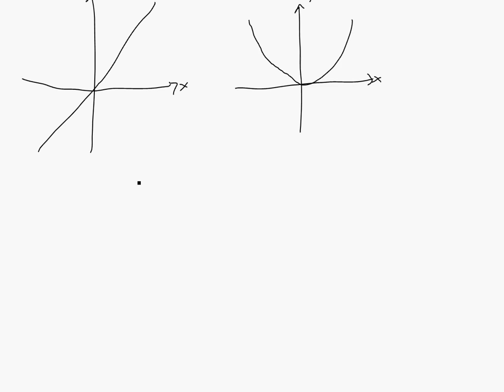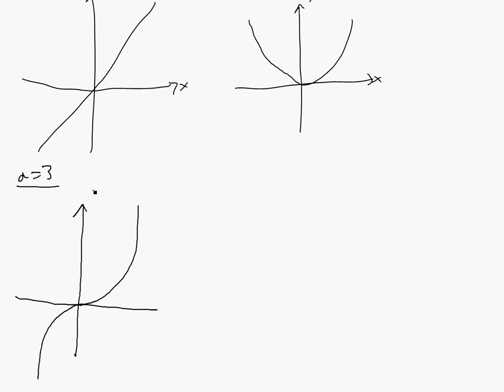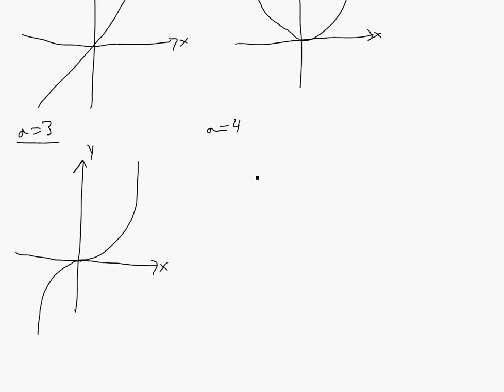Now a equals 3, this one is asymmetric. It's going to go like a parabola there, but then it's going to go downwards there. This is y, this is x. If you were to go a equals 4, now this one is pretty interesting.